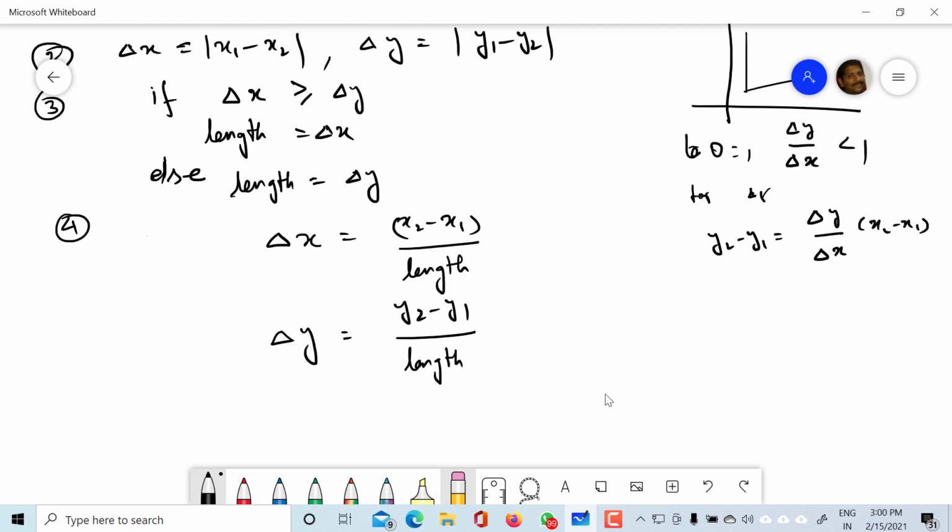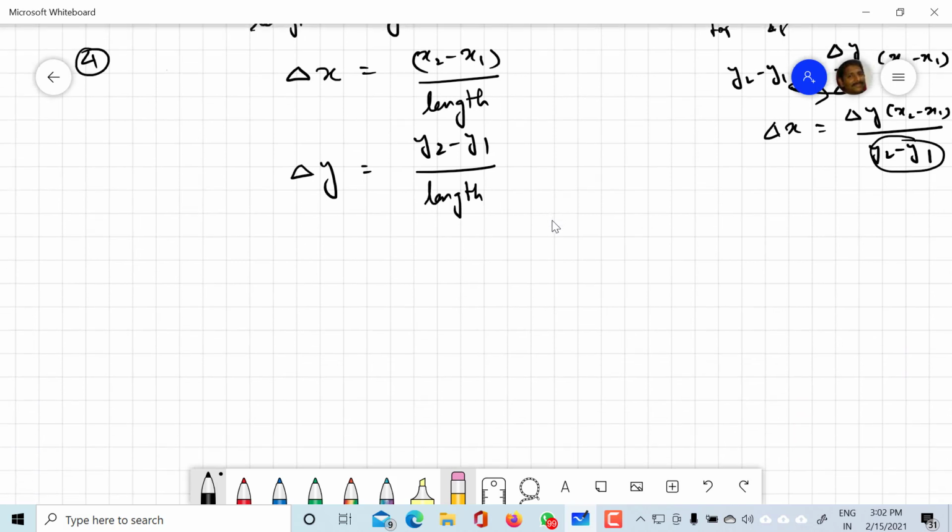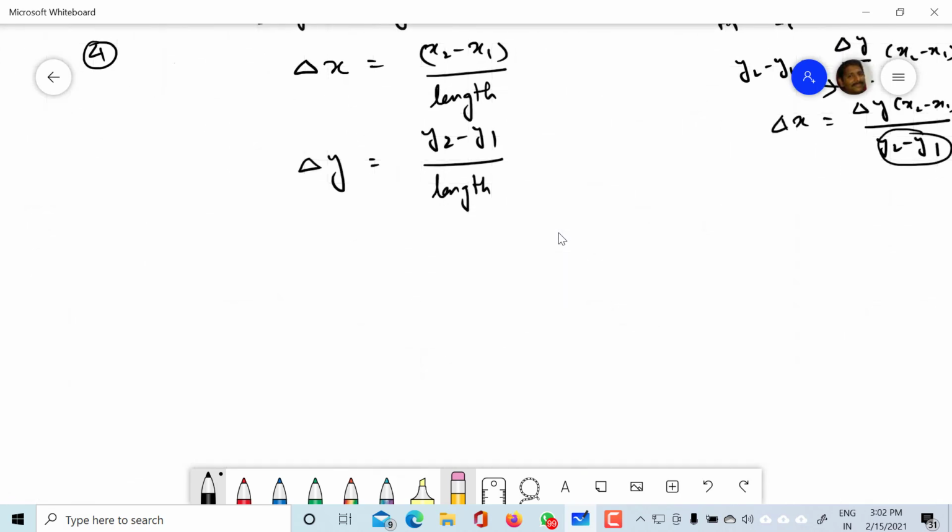So this is the application of the equation of line.